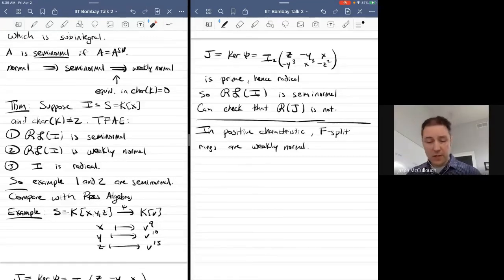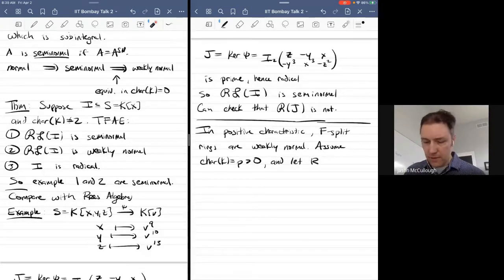So it makes sense to study when these Rees-like algebras are F split. So let me just set some notation. So assume the characteristic now of K, which is p, is positive. And for the moment, let R be a K algebra.